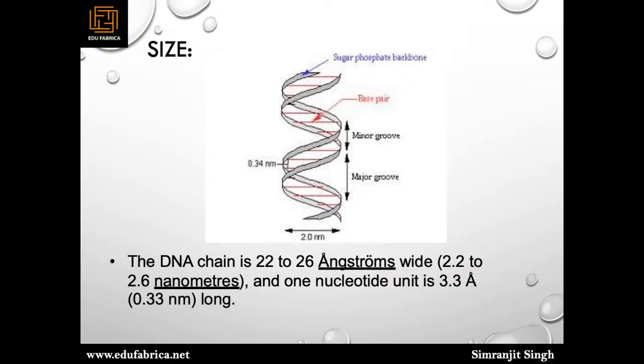But my reason to be your trainer here today is to go back to the 1950s and 60s, think from those scientists' point of view, get into their shoes, and think about what difficulties they might have seen in order to come to the conclusion that it's a double helix structure, and that these nitrogen base pairs are centered here.